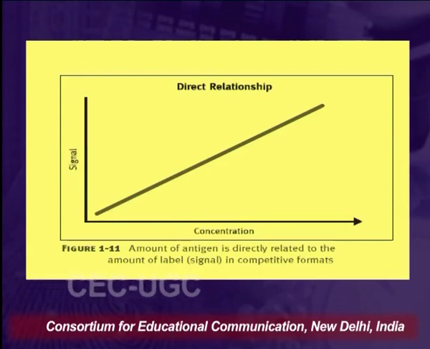It is a dose response relationship: the more dose is added, the more response there will be. If more antigen and antibody are added, there will be more reactions, and this graph shows a direct relationship between the signal and the concentration. The higher the signal, the higher the concentration.